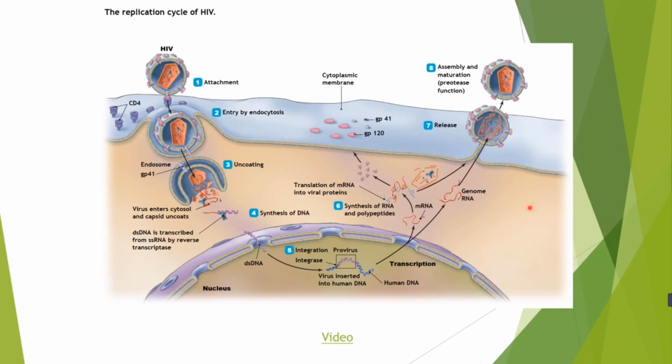Both NEF and VPU target tetherin, especially in some of the primates. In humans, VPU turns out to be a very potent anti-tetherin molecule. In humans, NEF lost that capability, but it retains other functions.